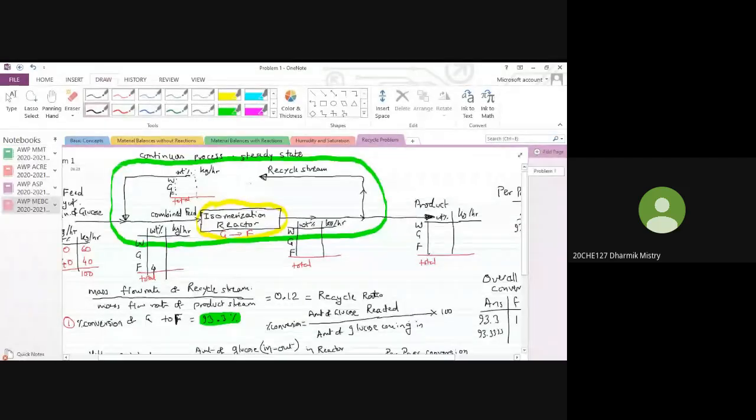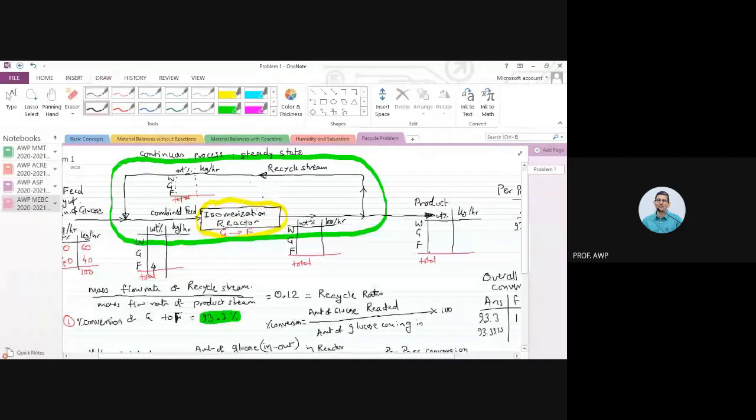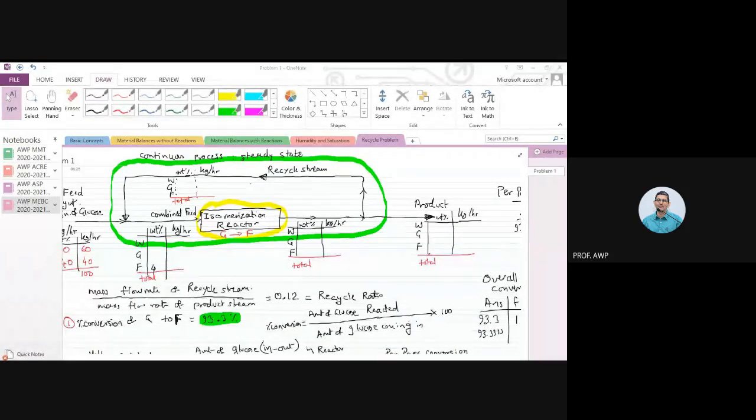But then you are changing the problem itself. There is only one reactor. There are no two reactors. You are on the right track, but you tell me properly what is in your mind.